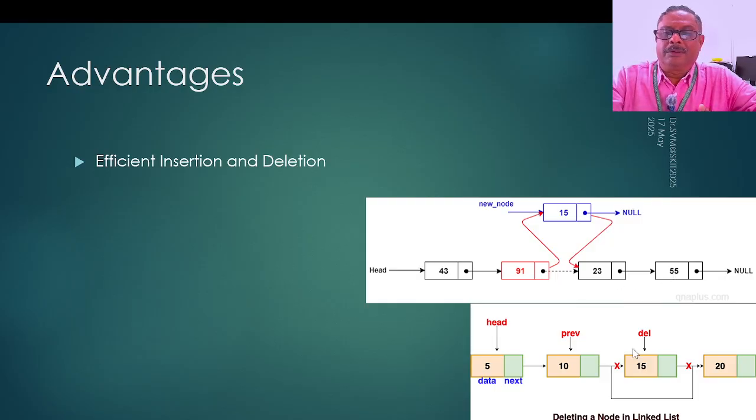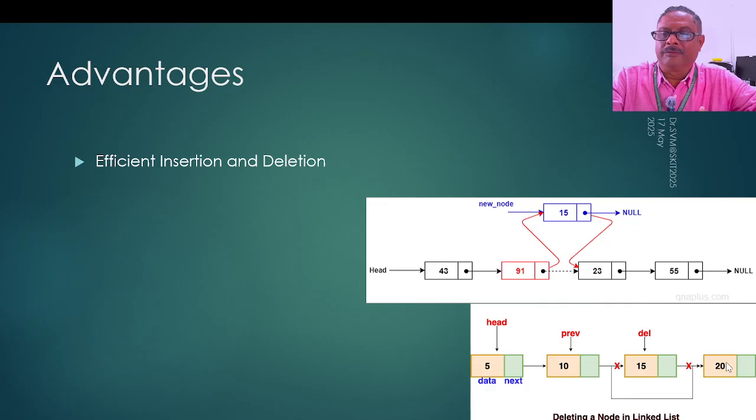On the same ground, if we want to delete any element, say we had a list of 4 elements, 5, 10, 15, and 20, and we want to delete this element, then we just delete this node. But before deleting this node, the next of the previous node should be made the same as the next of the current node, whichever node we are deleting.